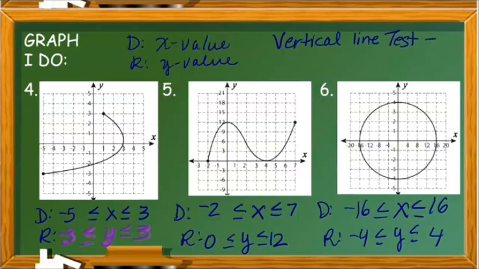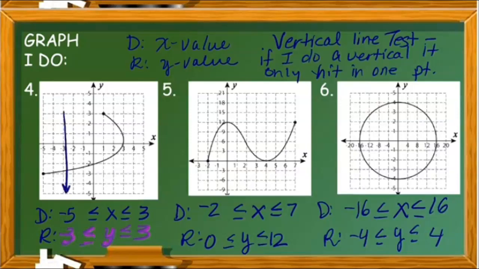Okay, which means if I draw a vertical line, it must only hit in one point. Now, what I mean by that is when I come in here and I draw a vertical line down through here, okay, I only hit in one point.